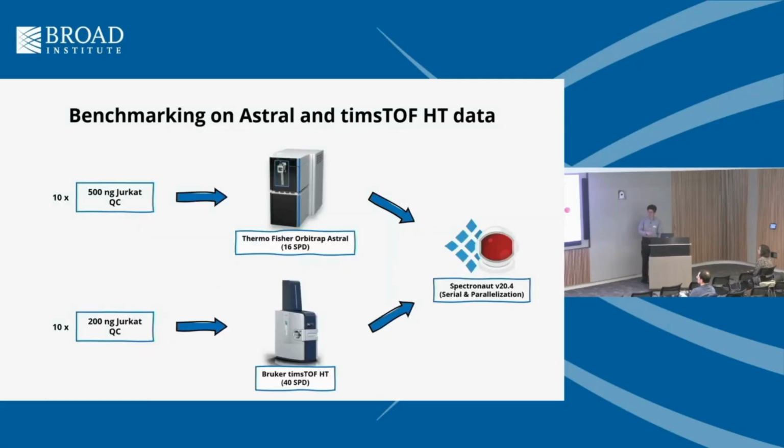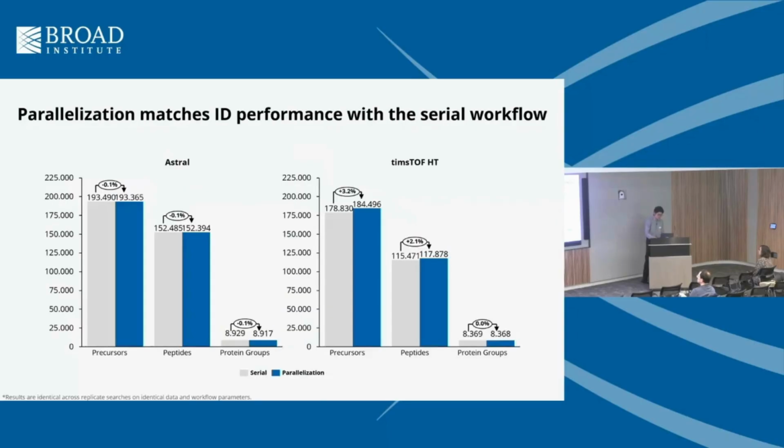So to benchmark the parallelized workflow, we collected a set of 10 independent HeLa QC samples from both the Thermo Astral and Bruker's timsTOF HT, representing two of the most widely used instruments for DIA proteomics. And then we searched these data using both the serial and parallelized workflow, and compared them head to head.